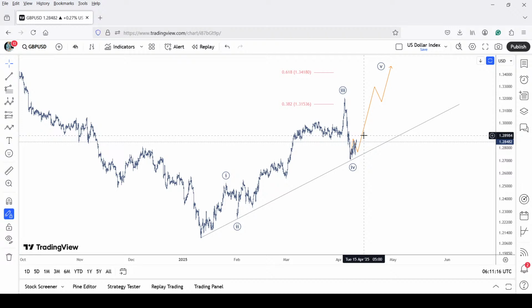As far as the trading is concerned, it's still good to remain on the long side with a stop around the 2500 zone and potential target around 1.3435.